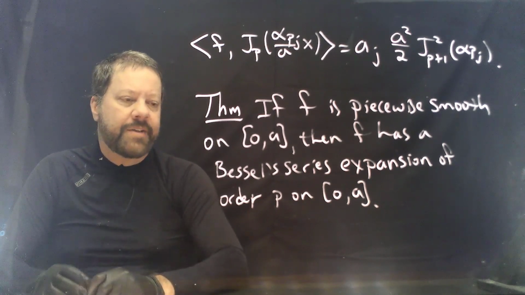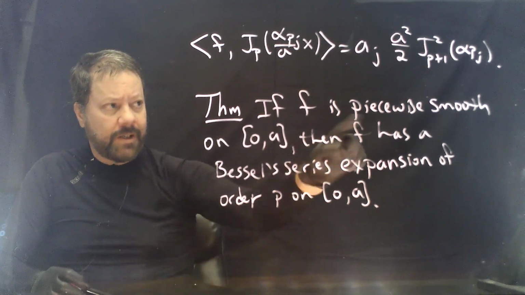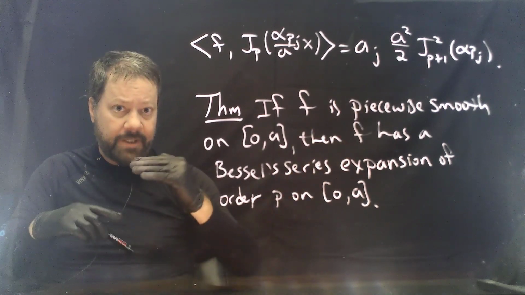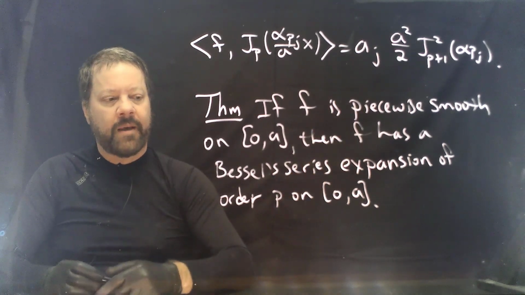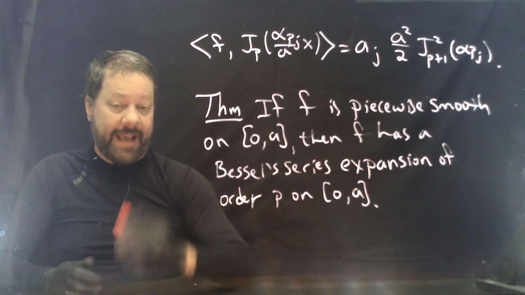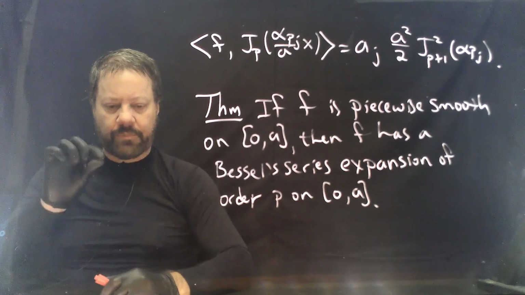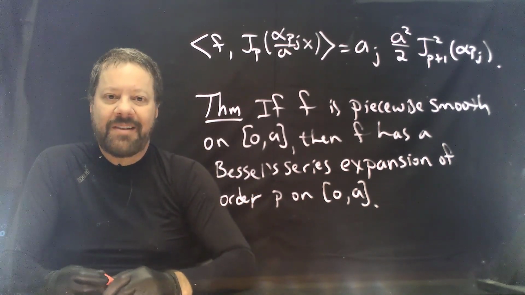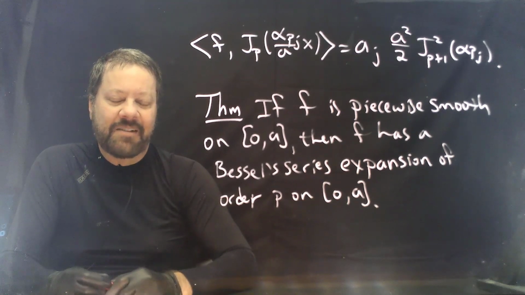Just as for Fourier series, we're talking about only piecewise smooth functions here, which allows for jump discontinuities. The value that you get from the Bessel series expansion at the jump discontinuity will be the average of the endpoints. So nothing new compared to before.